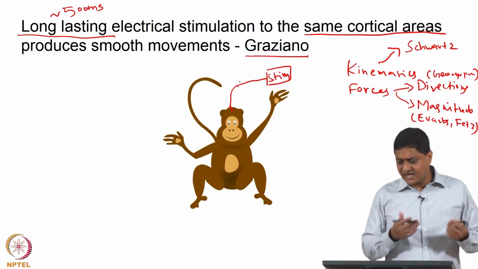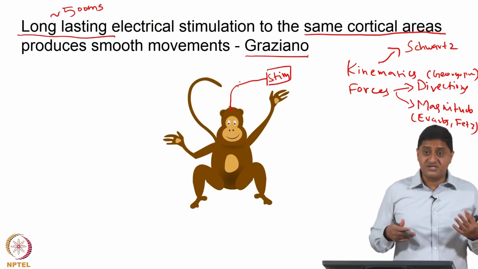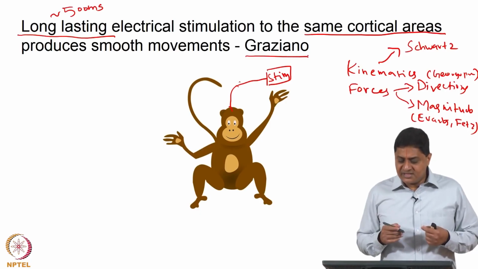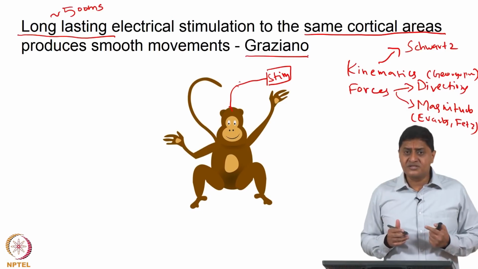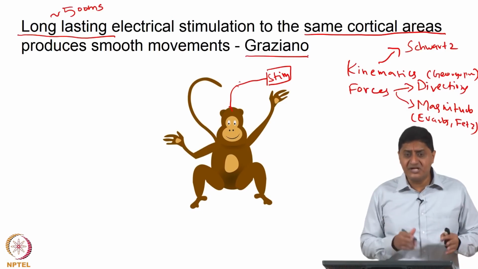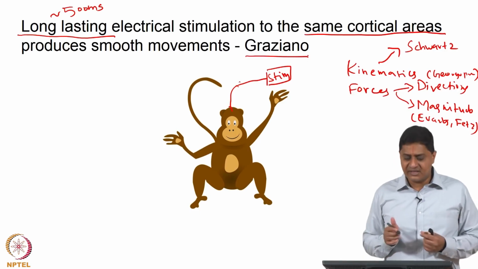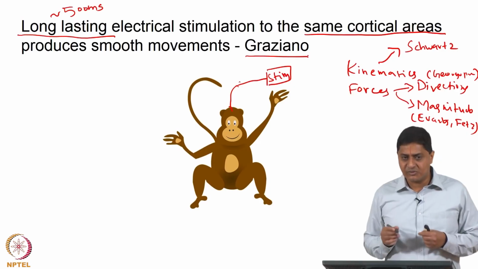We have seen earlier it is kinematics, we have seen earlier that it is kinetics, now we are saying well coordinated movements. So, it seems like there are multiple roles, or evidence points to multiple directions. Still there is considerable debate in the field as to what exactly is encoded in the primary motor cortex.